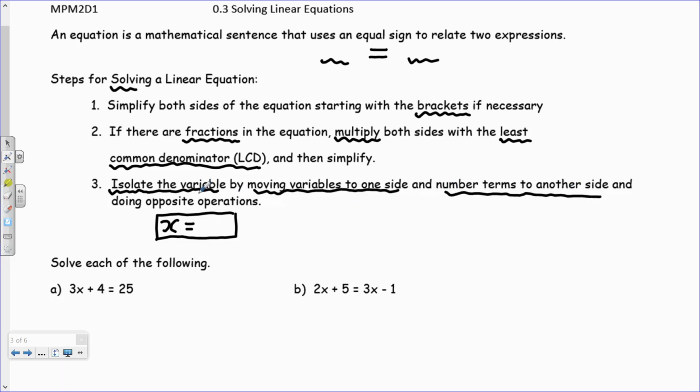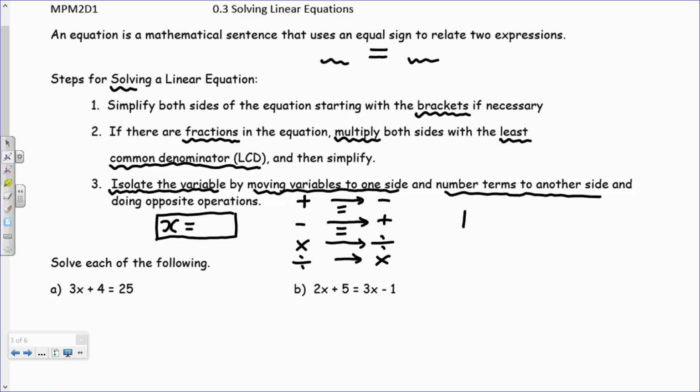When you move them, you need to do opposite operations to both sides. Opposite operation means if before you have plus 8, you move 8 to other side, it's minus. If before is minus, you move it to other side, it will be plus. Before is multiplication, you move the number to other side, it will be divide. So if it's divide, you move it to other side, it will be multiplication.